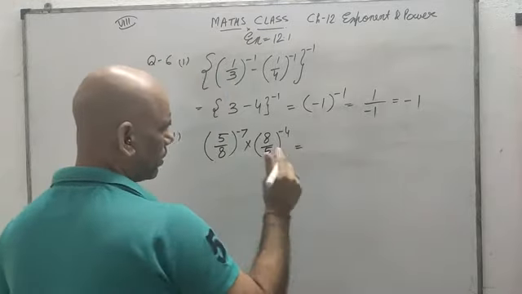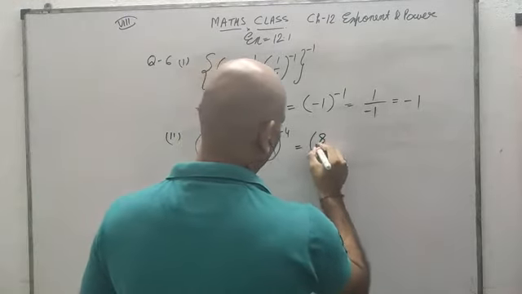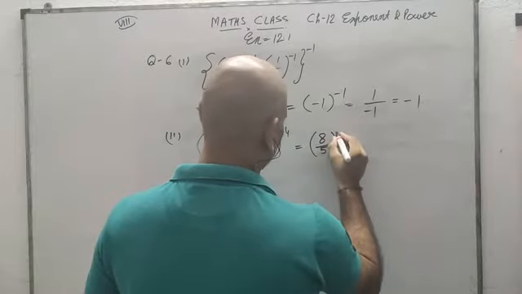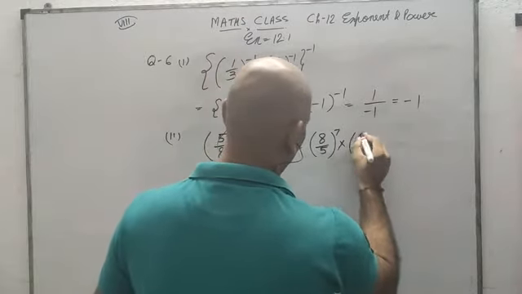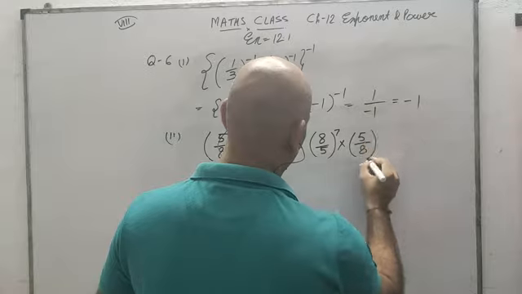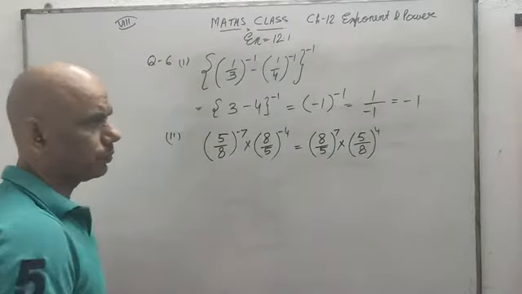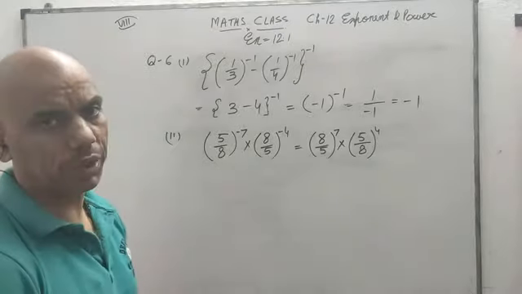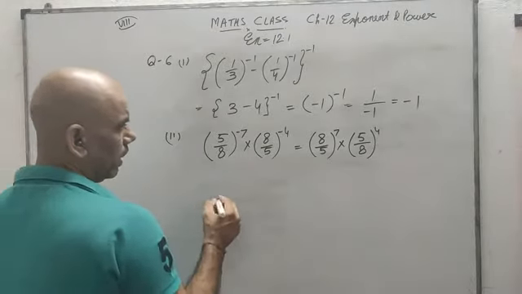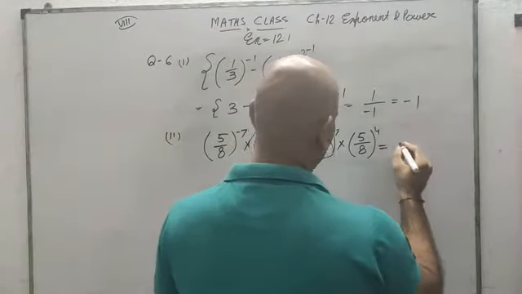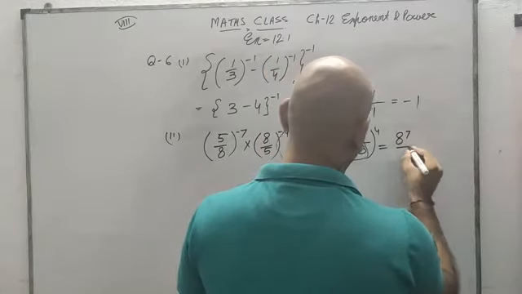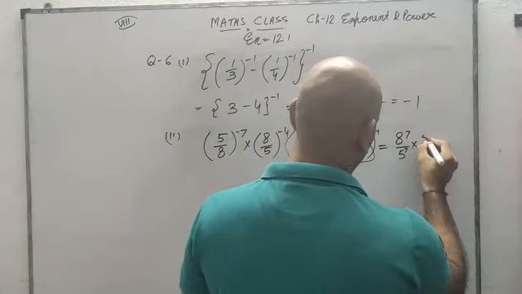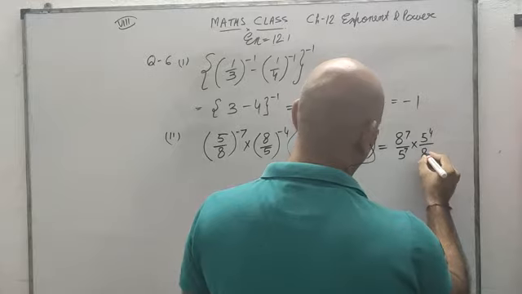I am making their powers positive, so it will become 8 by 5 to the power 7, and 5 by 8 to the power 4. This is 8 by 5 to the power 7, this is 5 by 8 to the power 4. Thereafter you can divide it separately. 8 to the power 7, 5 to the power 7, 5 to the power 4, 8 to the power 4.